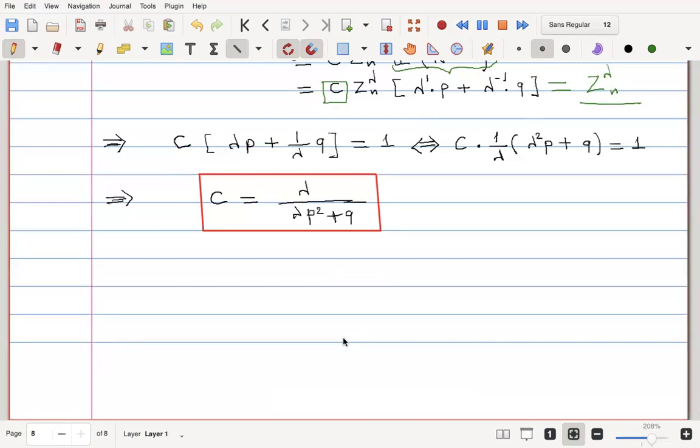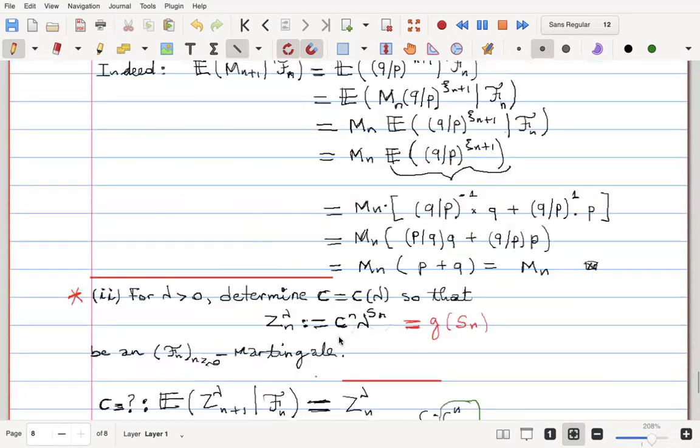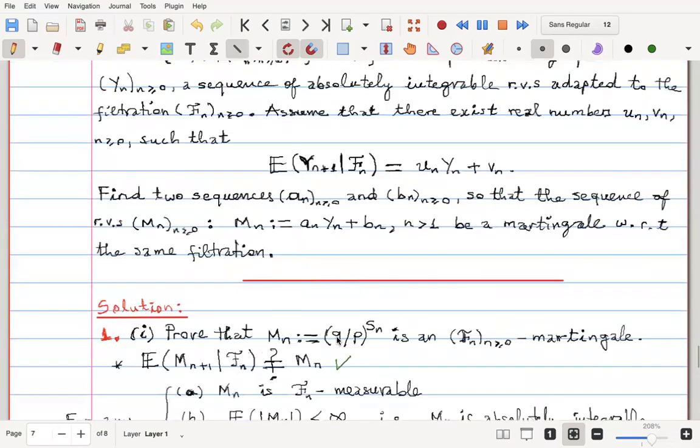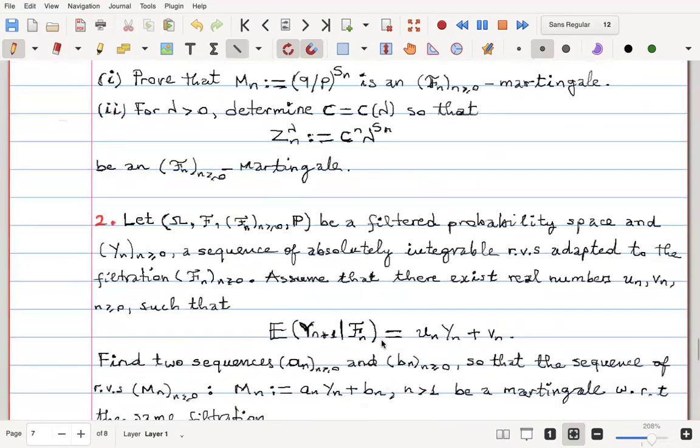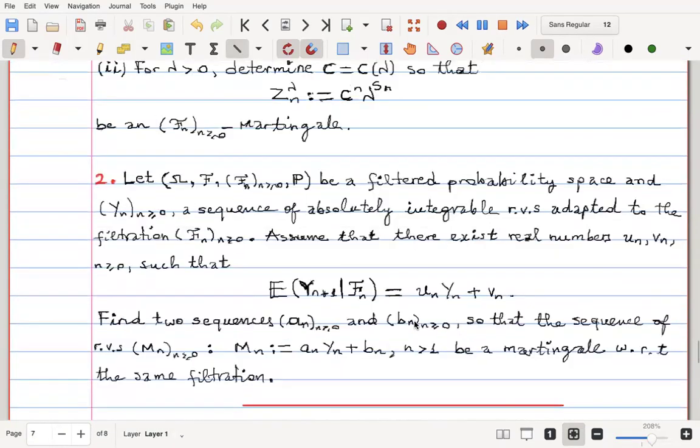Okay, so we move to the next question. The second question, this one. It's a bit similar to what we did above. Now we want to find the sequences An and Bn such that this Mn defined this way is a martingale with respect to the same filtration.